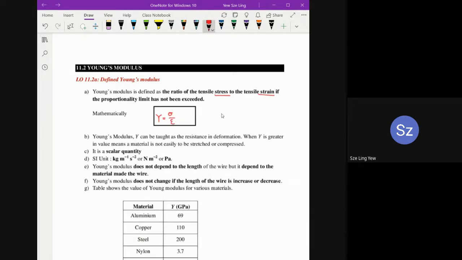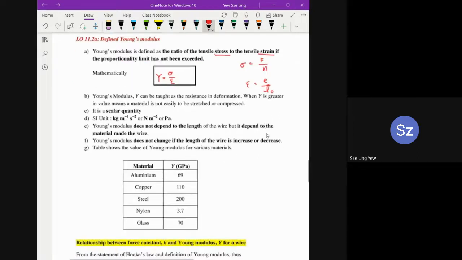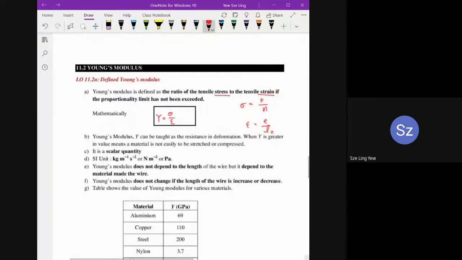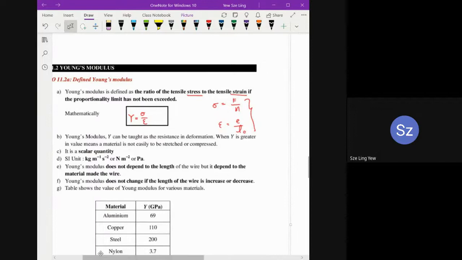And since we know, in a previous subtopic, that sigma is force over A and epsilon is extension E over L naught, when you combine these two equations, what are you going to obtain? You're going to obtain a new equation.